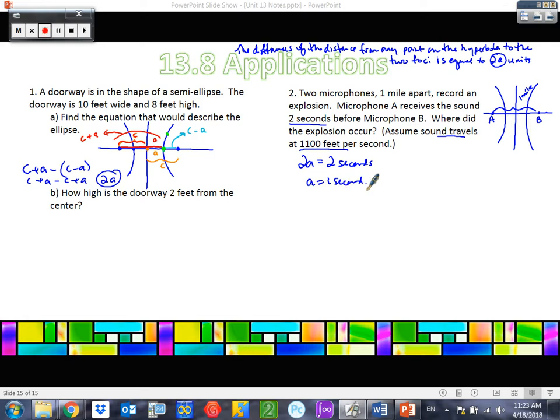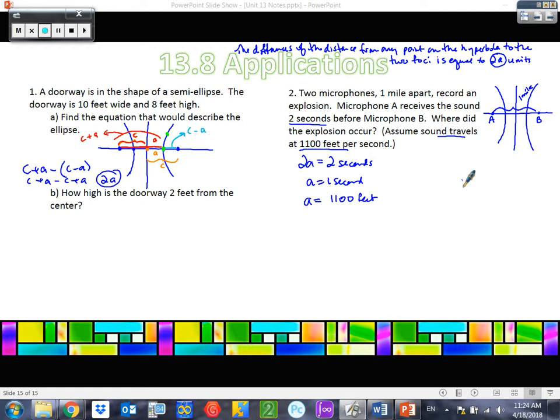Now we need to translate that into actual distance. If sound travels at 1,100 feet per second, and it's 1 second, then A is going to be 1,100 feet. Now, they're doing a little bit of a unit issue here. We've got miles and feet, and we can't really have that going on.